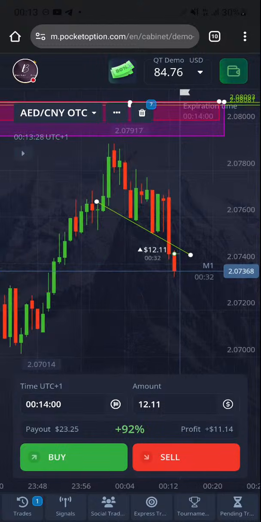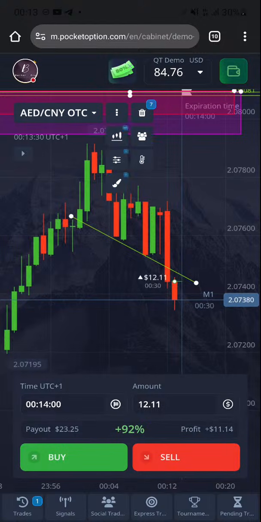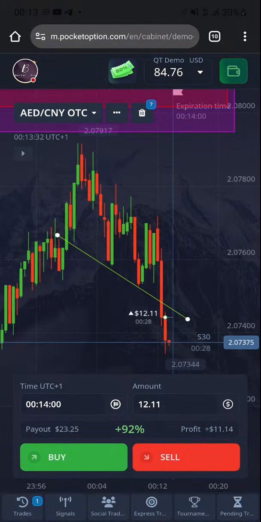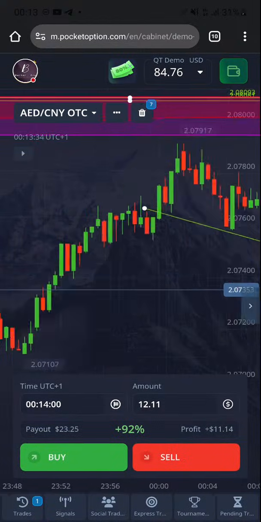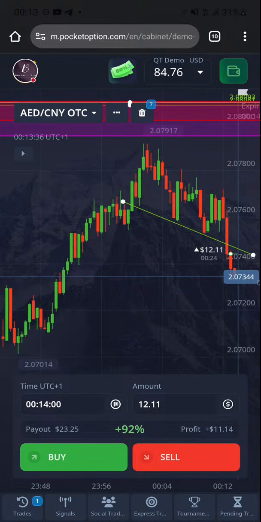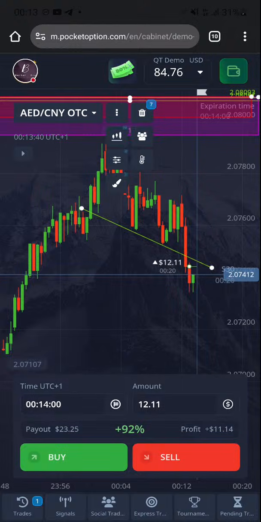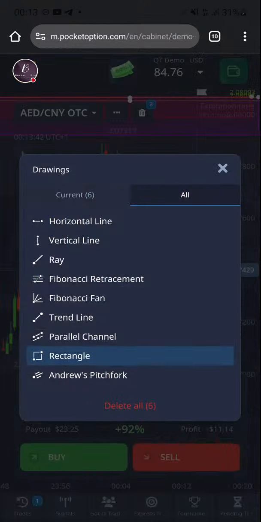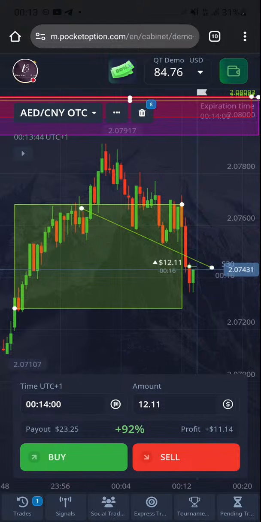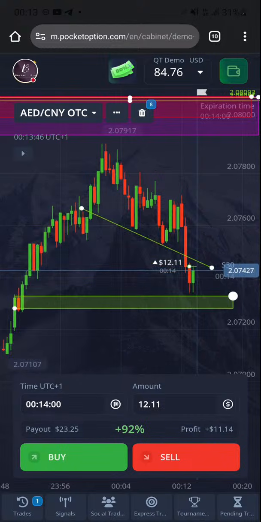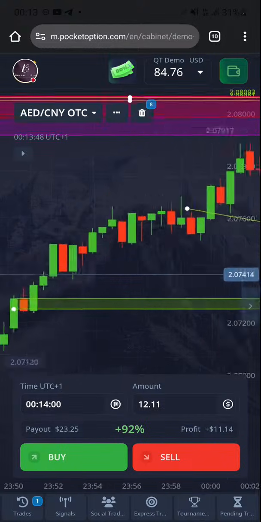Everything points to the buyers coming in actually. Even if we go to lower time frame, there's a demand area down here. Though I could have waited for the best entry, which is down here.